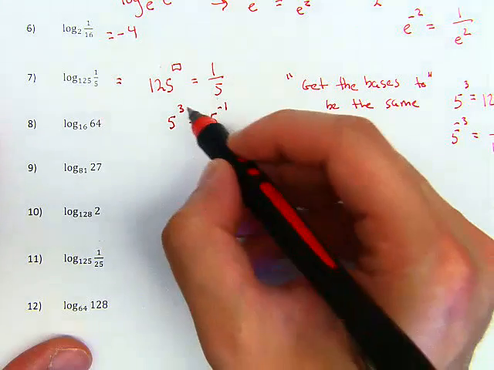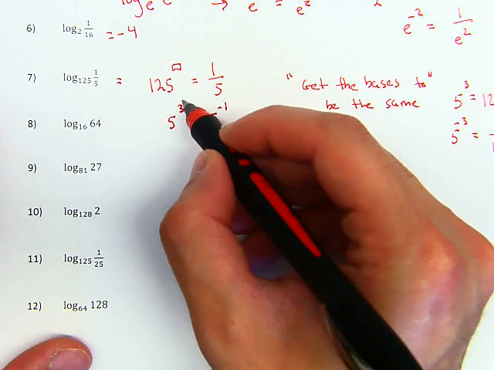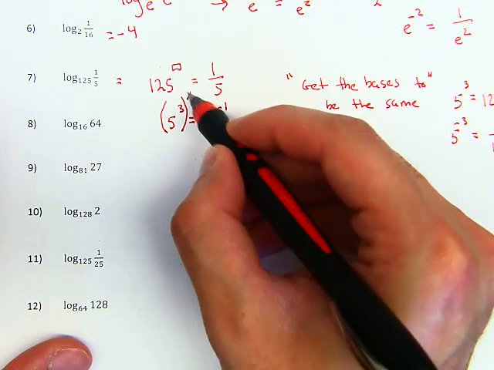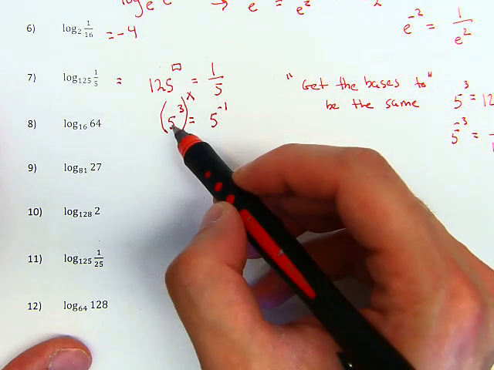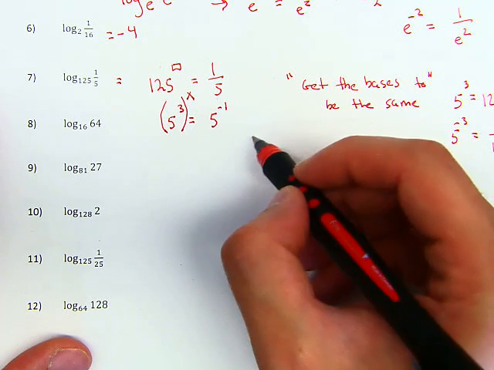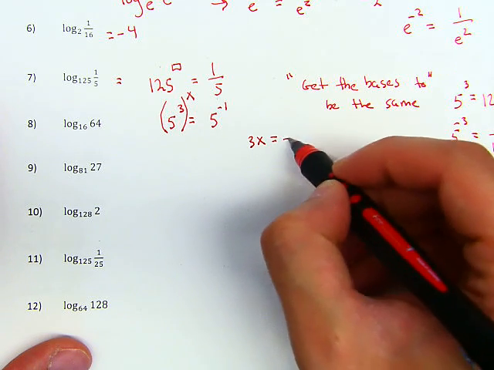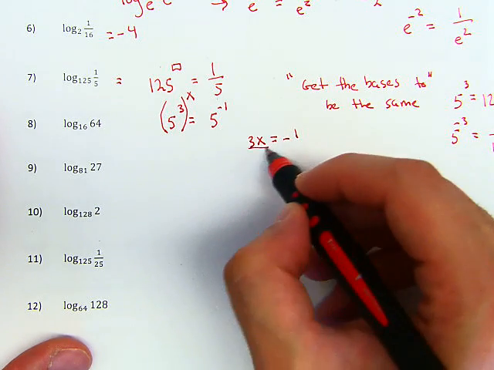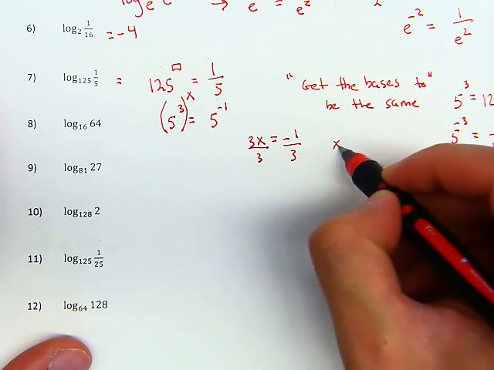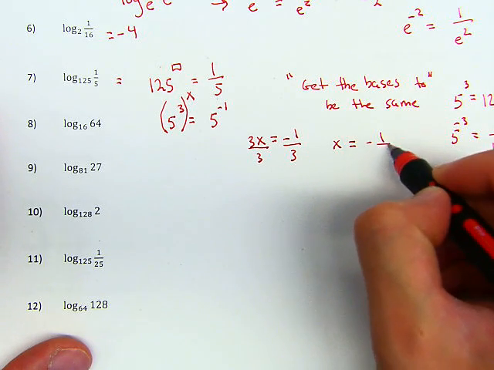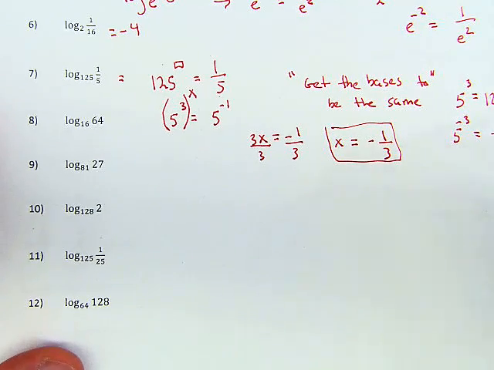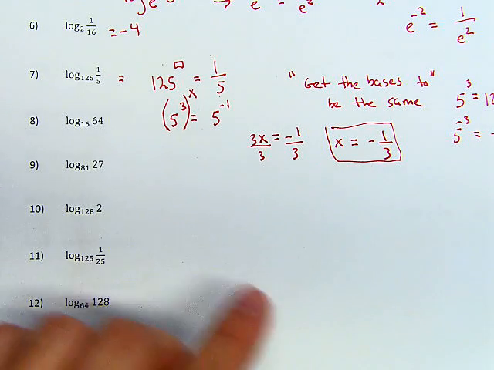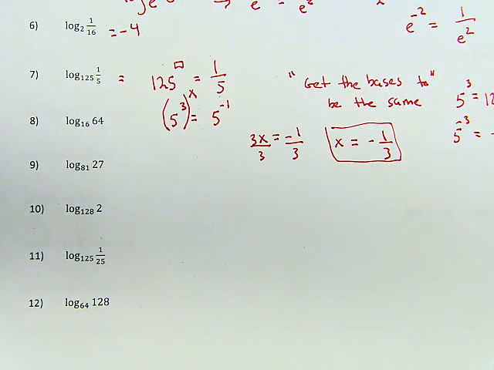So then this becomes an x over here. Because you're saying this 125 is 5 to the 3. So now here, 3x is equal to minus 1. And then you divide both sides by 3. So x is equal to negative 1 over 3. Okay. I don't think I did that so well. Let me try and do that one again.